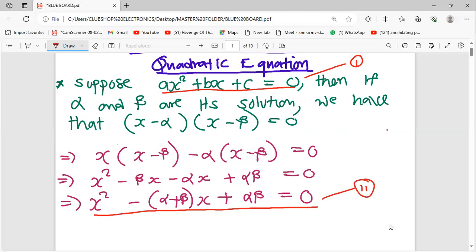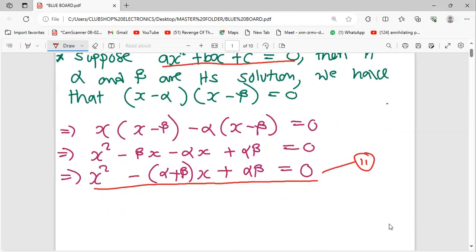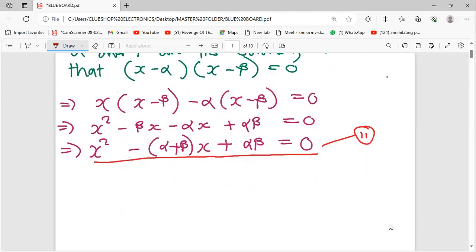Equation 1 has got a, equation 2 does not have. So we can divide equation 1 by a throughout.